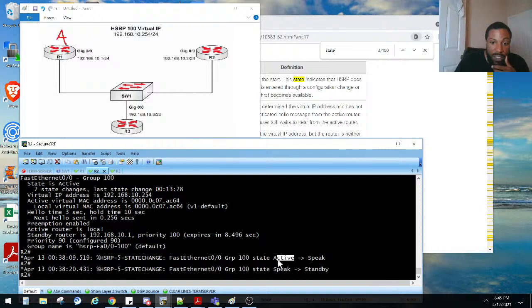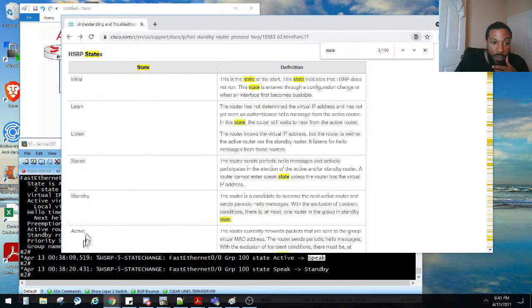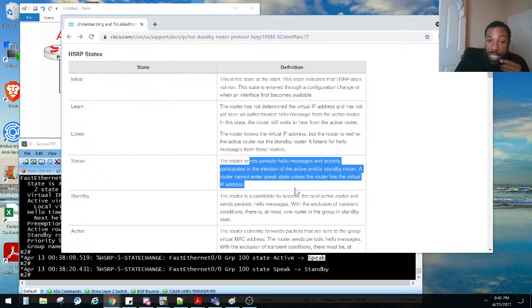We went from active to speak. Speak is what? The router sends periodic hello messages and actively participates in the election of the active and or standby router. A router cannot enter speak state unless the router has the virtual IP address.